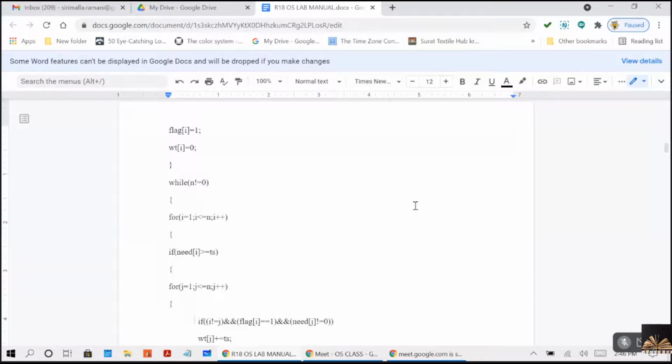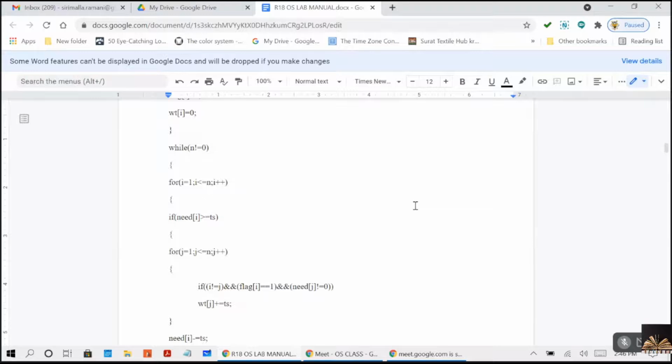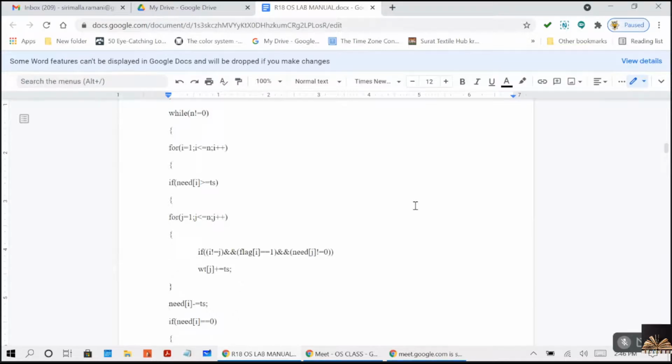For that I'm checking the condition: need of i is greater than or equal to time slice, right? So if my job burst time is more than the time slice, I should give the job according to the time slice, right? I should do the job according to the time slice. Then from the need, I should deduct the time slice.